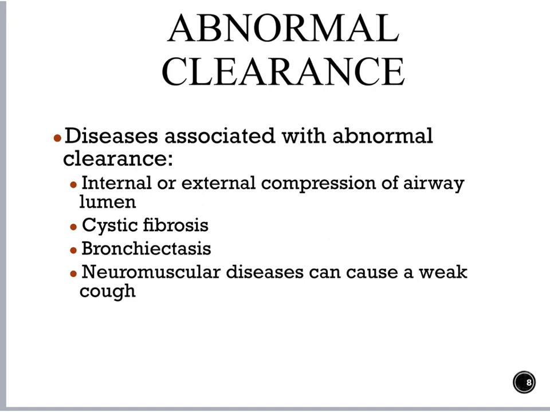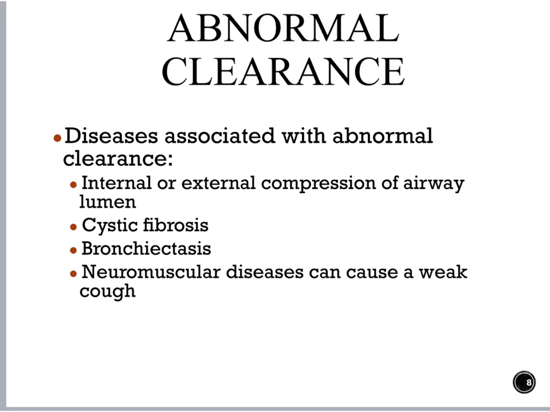So you need to know some diseases that are often associated with abnormal clearance. So internal or external compression of the airway lumen. Internal would be someone who has a tumor in their neck or their throat and it is pushing on their trachea, so that decreases airway lumen. Tumors inside their lungs that are causing an obstruction would also be another example.